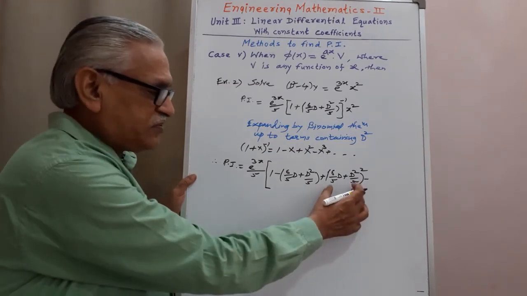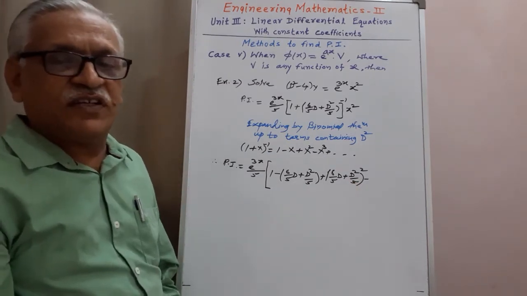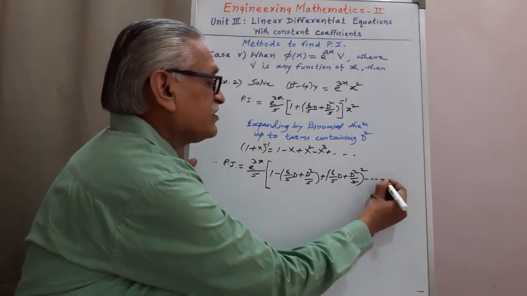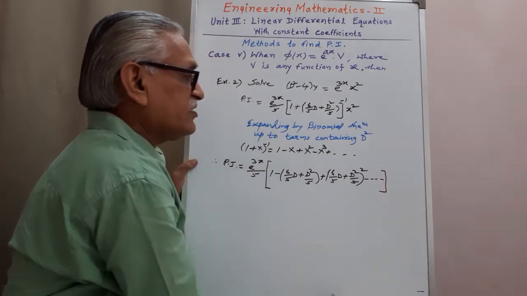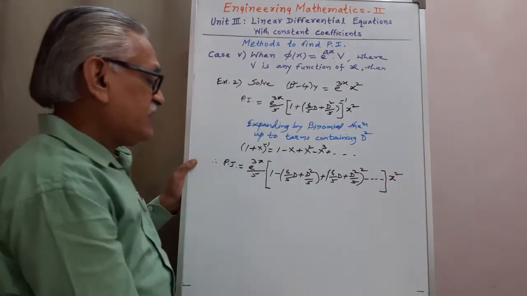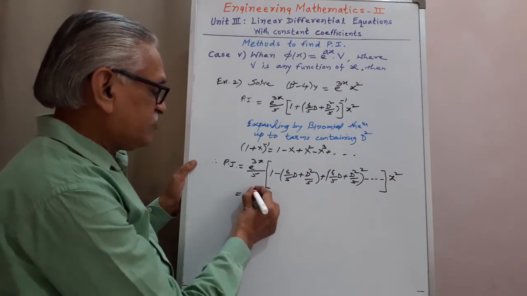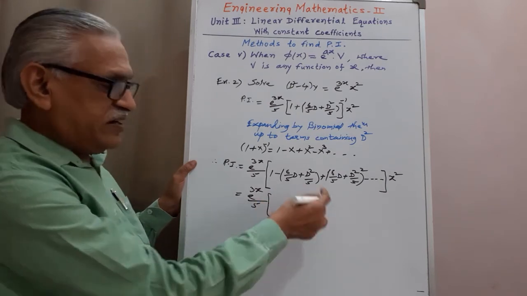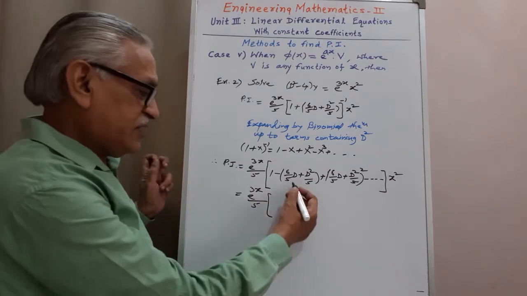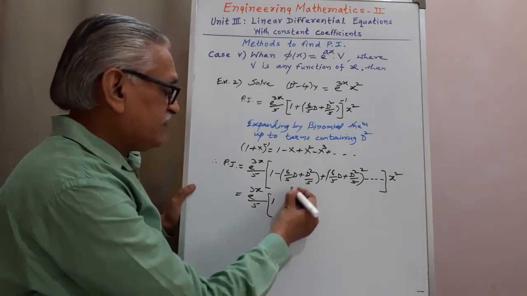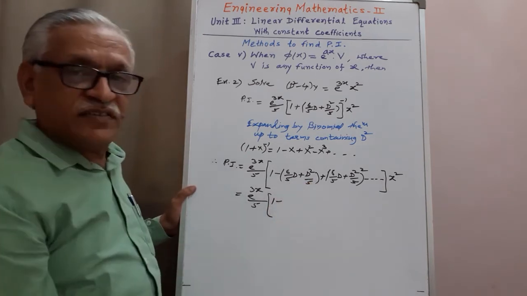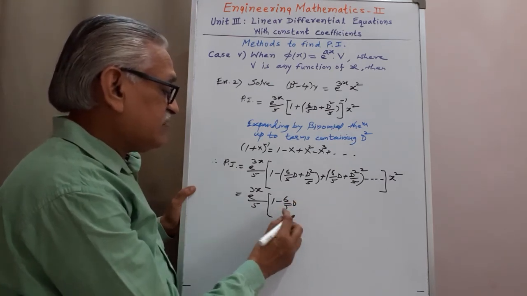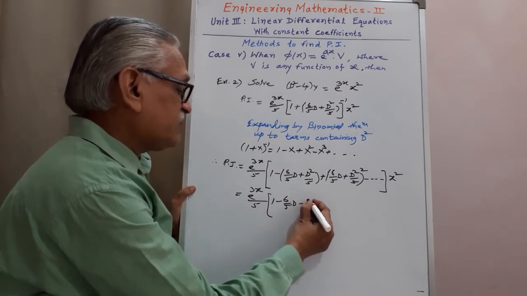If you take the cube of this term, every term has degree 3 or more, therefore we neglect it. I will write dash and so on, operated on x square. Therefore it is equal to e raised to 3x by 5, 1 as it is, minus 6 by 5 D minus D square by 5.